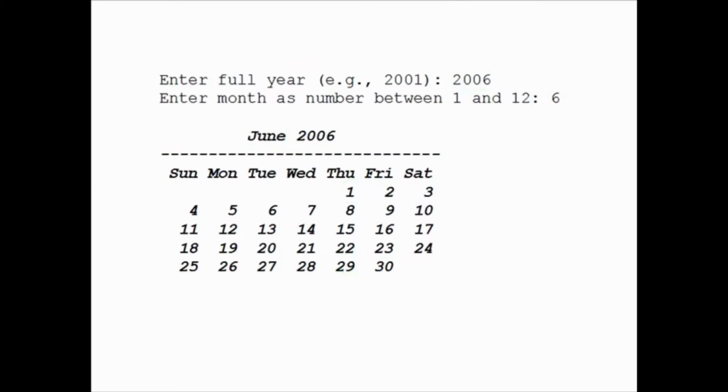The first step in our printMonth is to print out the title. So what will this involve? Well, we need to figure out the name of the month. The year we already know. We need to know how long this word is so that we can get it centered. So we need to add some padding to the left there. So already there are a few things we need to do.